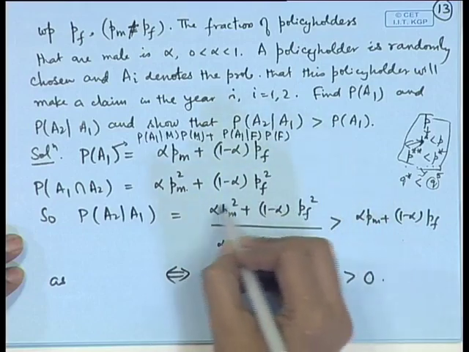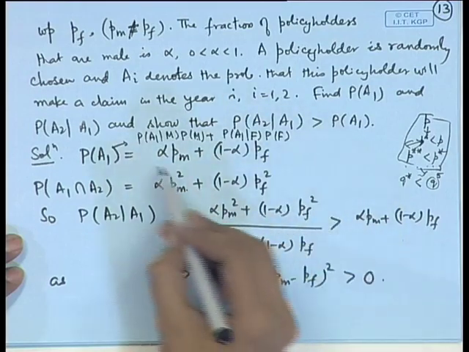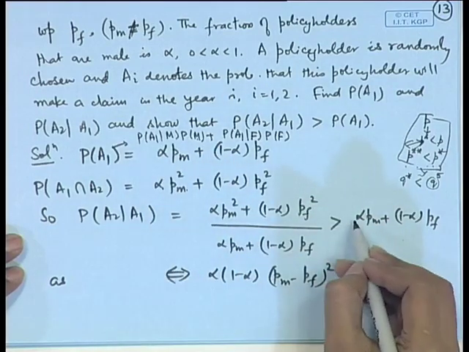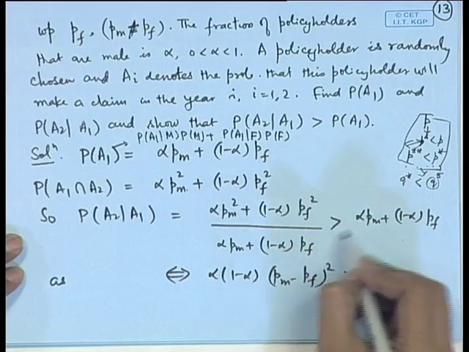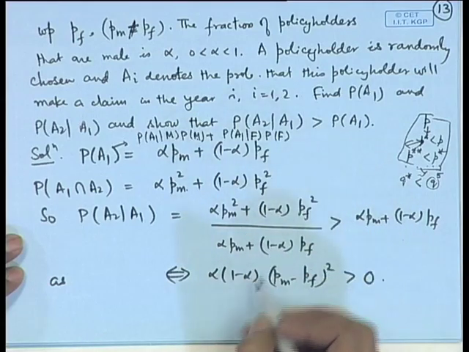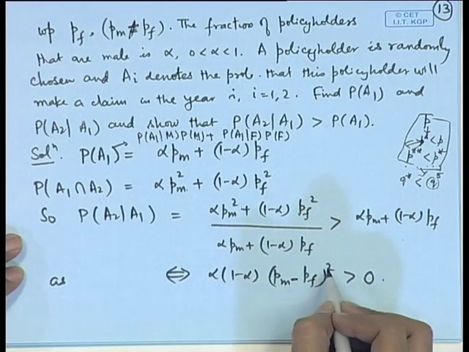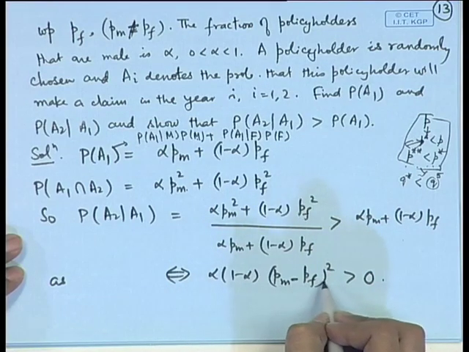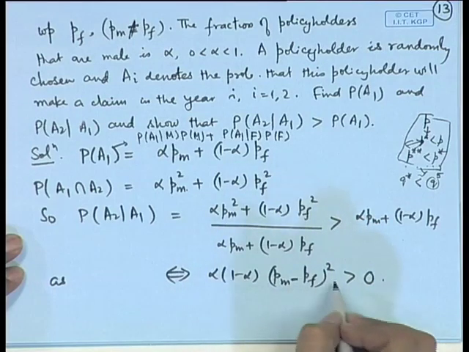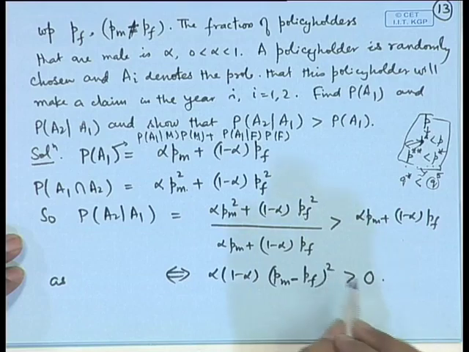Now, this conditional probability is greater than probability of A 1. You can actually write this expression and simplify, it reduces to alpha into 1 minus alpha into P m minus P f whole square. So, unless P m is equal to P f, this term is strictly greater than 0.